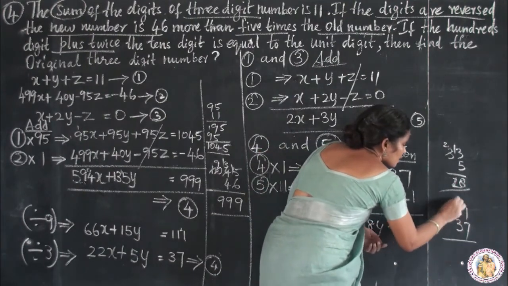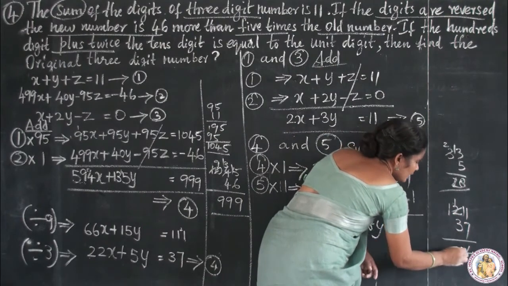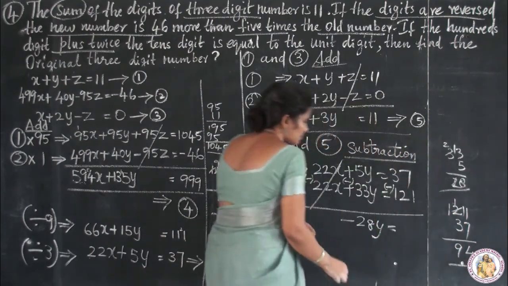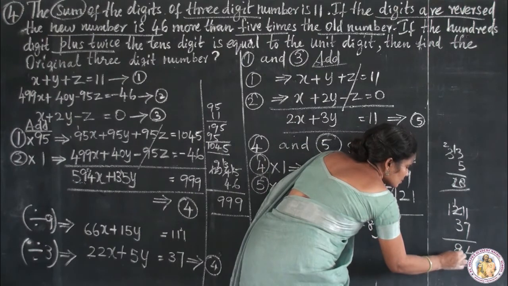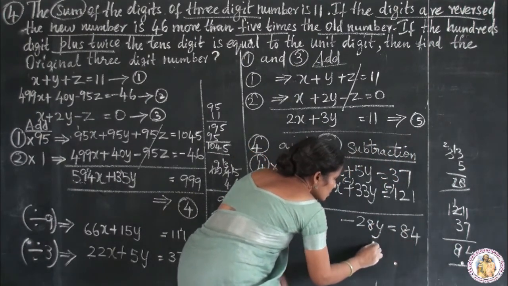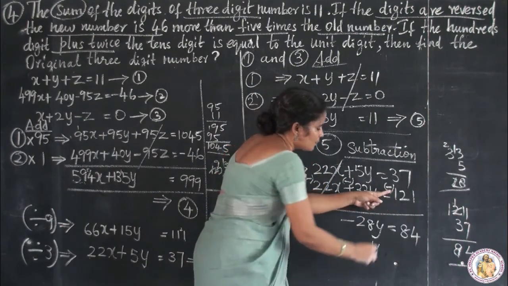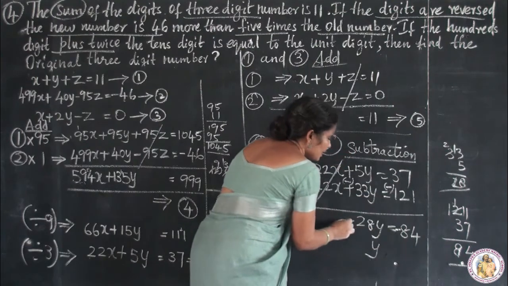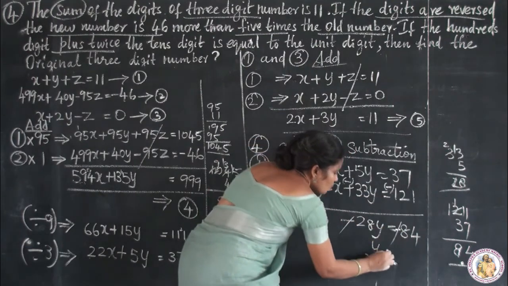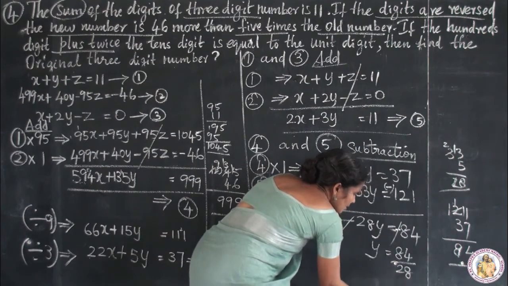Subtract: 11 minus 7, 4. 11 minus 3, 8. So 84. So y is equal to 84 by 28.